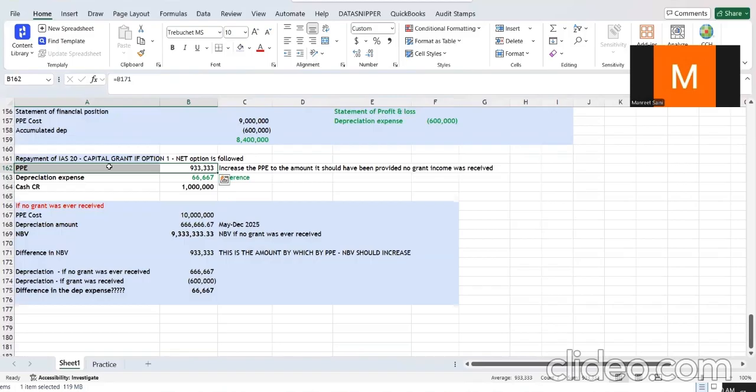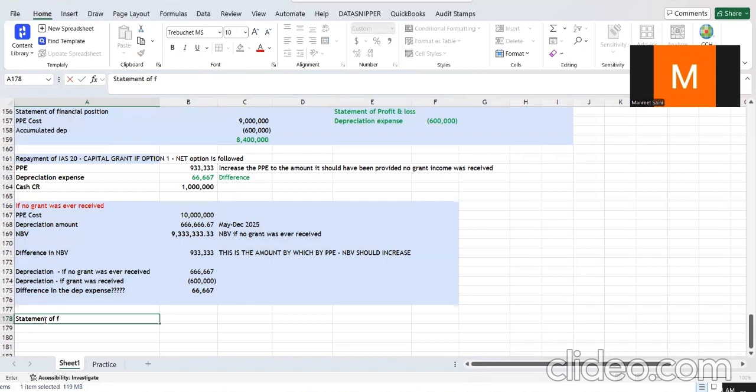Why do I have to increase my PP&E? Because I have to bring my PP&E to the amount that it should be. Because I'm repaying this grant amount, the PP&E should reflect the actual cost. So the actual cost will be calculated here. So now, in my statement of financial position, my PP&E cost would be, how much would it be? It would be 10 million.